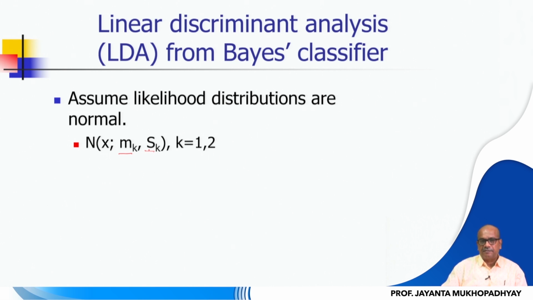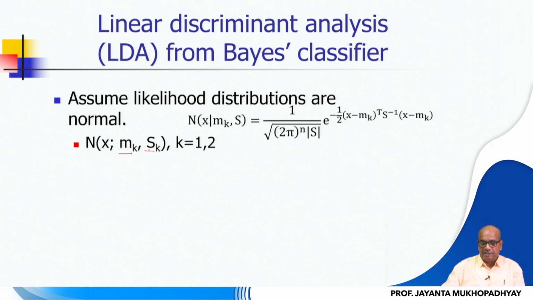This is the expression for the normal distribution. You can see that here S is the covariance matrix and Mk is the mean vector, and this expression itself is a quadratic expression in matrix form. So Mk and S are the parameters here.